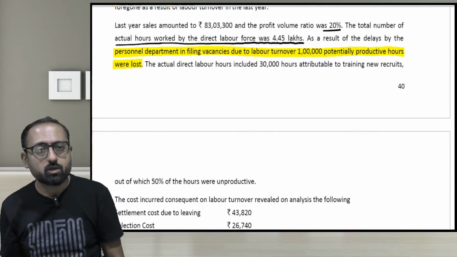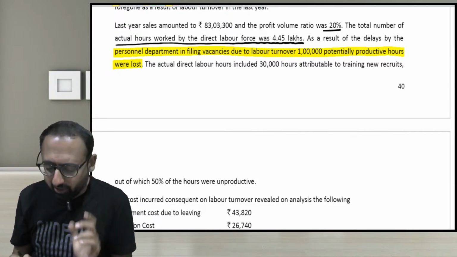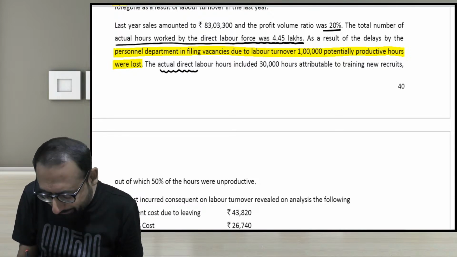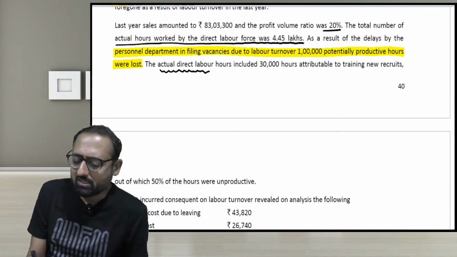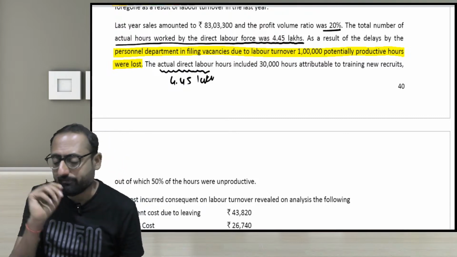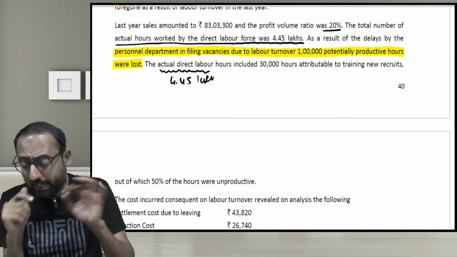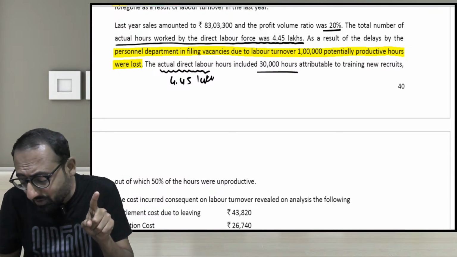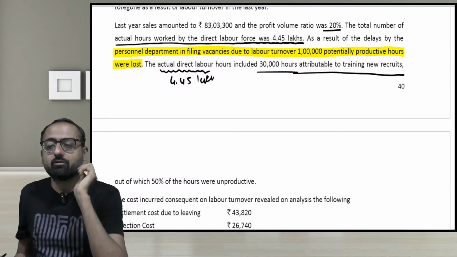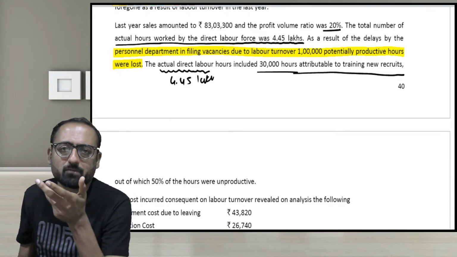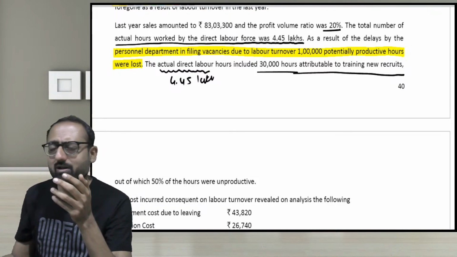Next part. Actual hours of 4,45,000. Actual labor hours is nothing but 4.45 lakhs. These 4,45,000 hours include 30,000 hours for the training of the workers. Why is training required?